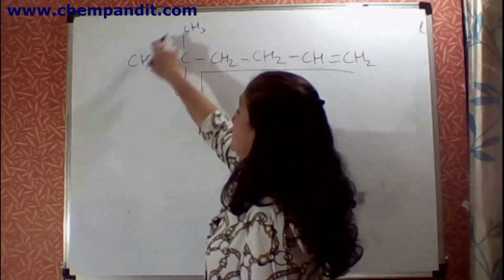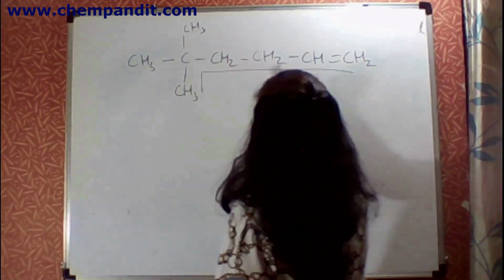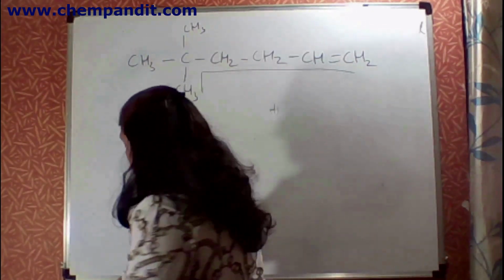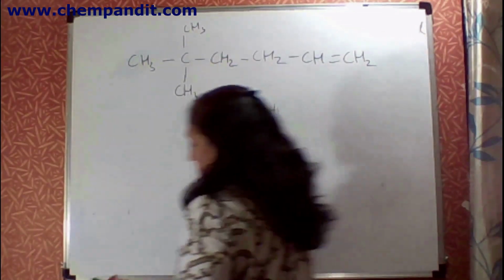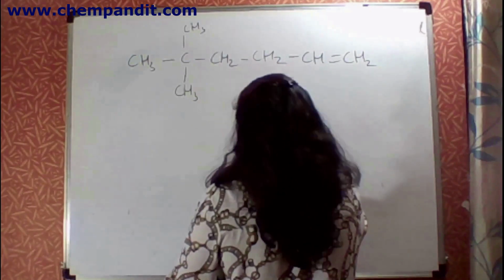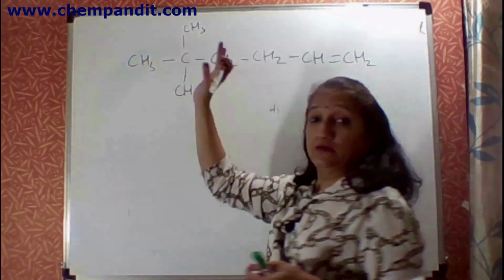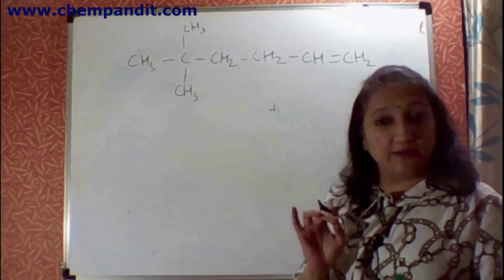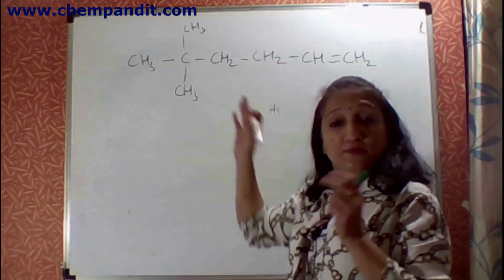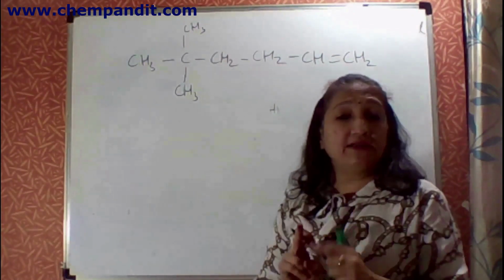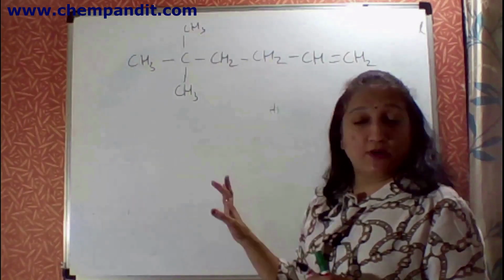In this case, these two will become the substituent groups. Clear? I am taking the normal longest chain. If the longest chain is straight, why not take that only? So I am taking this one. Clear? Now, the rule is whenever a double or triple bond and substituent groups both are present, the priority is given to the double bond or the triple bond.